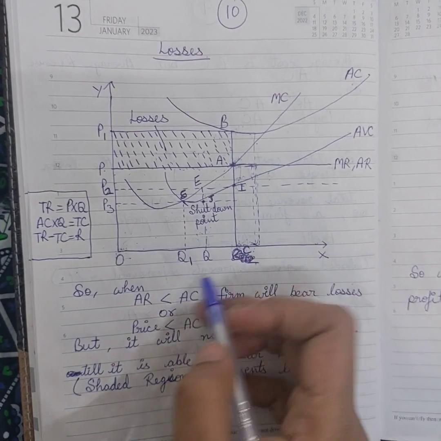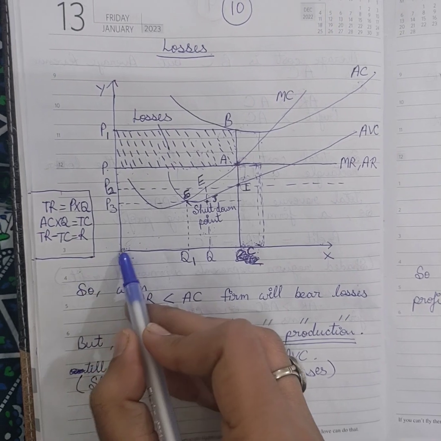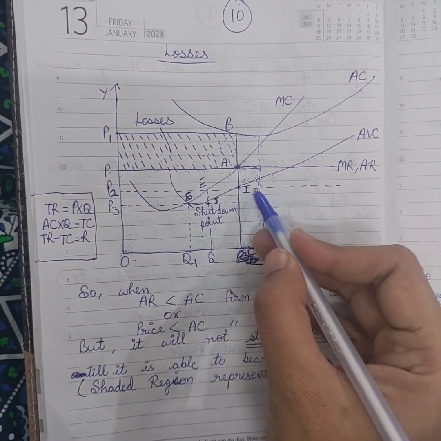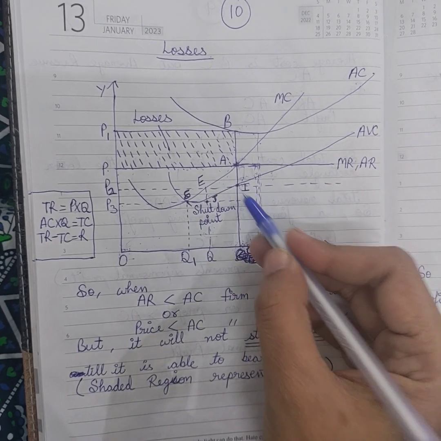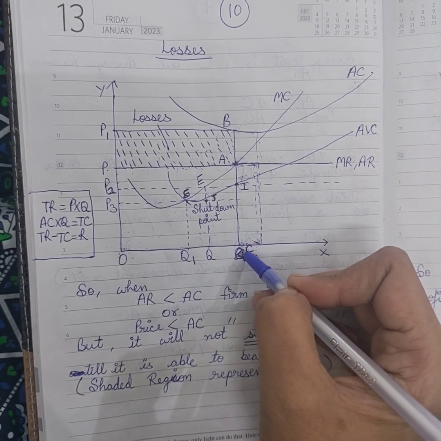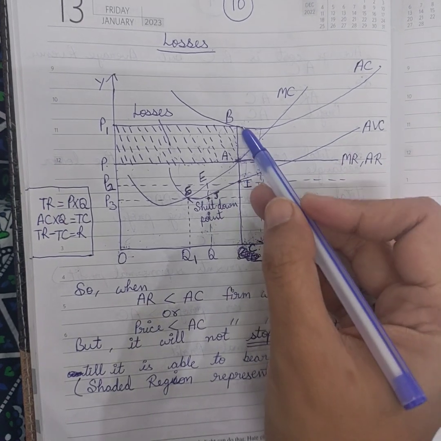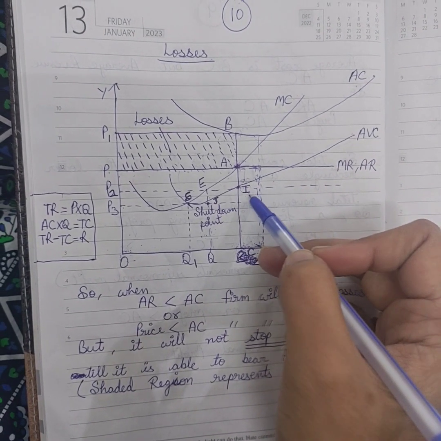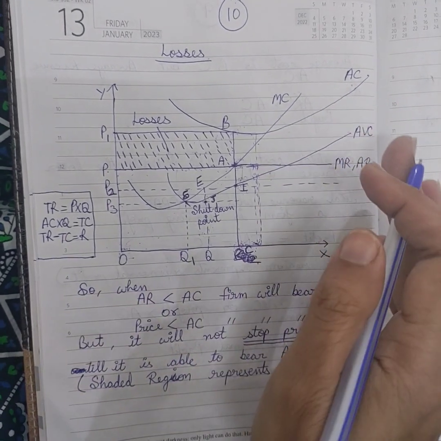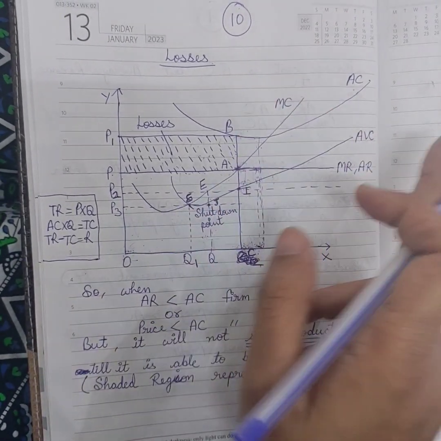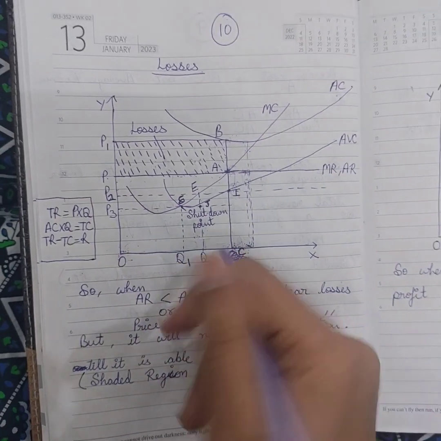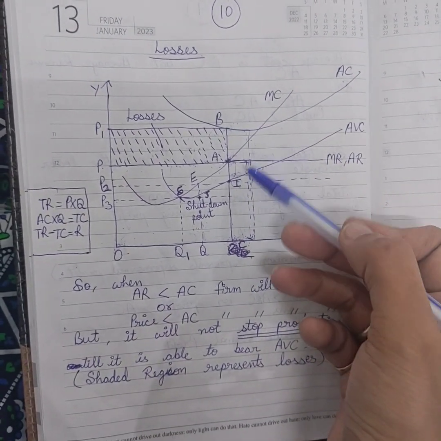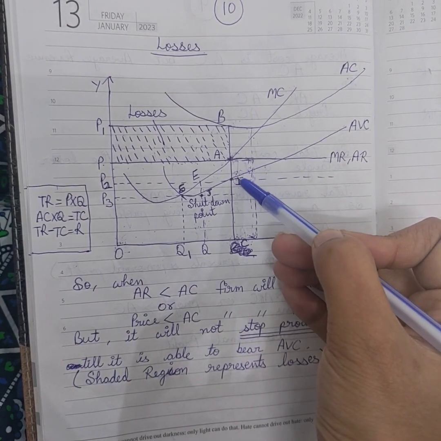Again I am repeating, at OC output, IC is the average variable cost and IB is the average fixed cost. So you can see that our firm is covering a part of average fixed cost, which is AI.